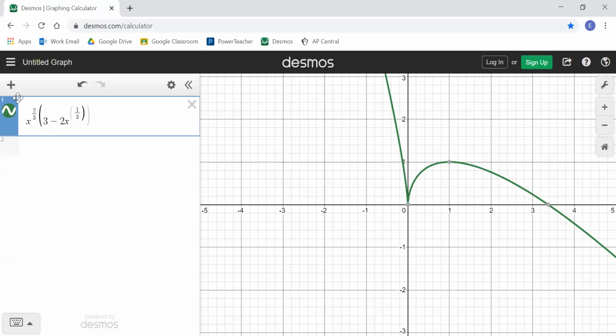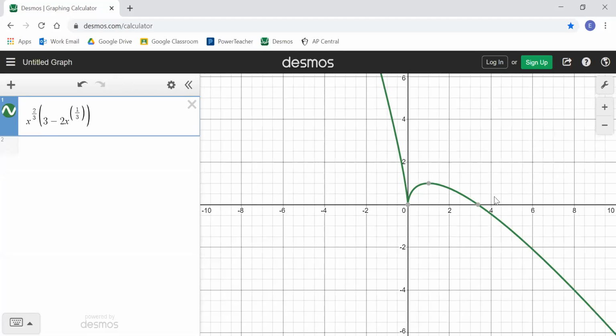And you'll note that it looks just like what we drew, doesn't it? Yes, it does, Mr. Batchelor. It looks just like what we drew.